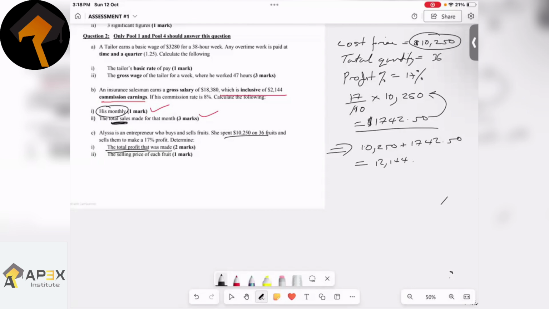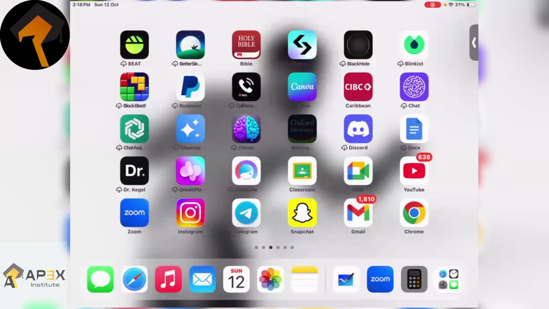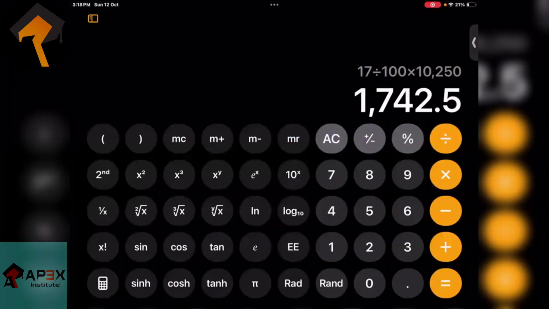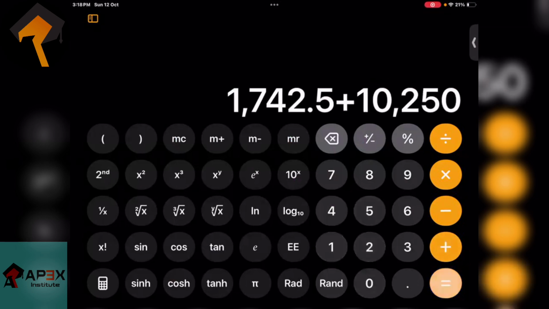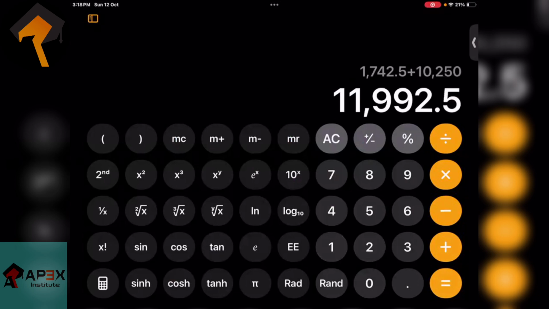What did we just get, guys? Let me check my calculator. Well, on my paper here, I made a mistake. I wrote 1,764. I know you guys may be wondering what's going on. I'm taking the answers from my answer sheet, so I would have made an error.